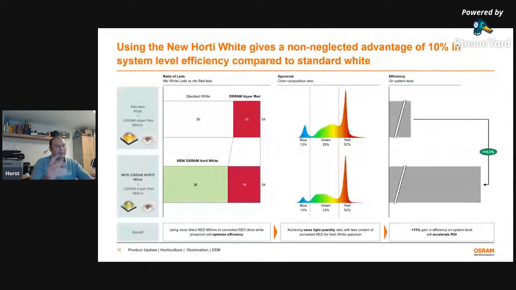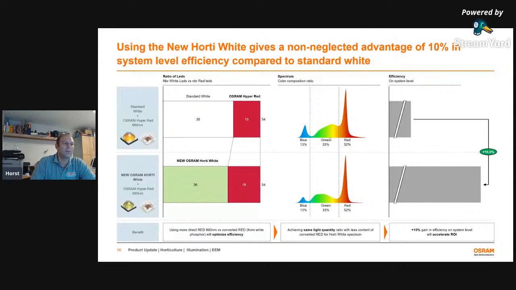So like I mentioned in the beginning, the Horti white LED. What is so special about the Horti white LED? We know that plants especially need blue light and red light, and some little content of white, of greenish light.